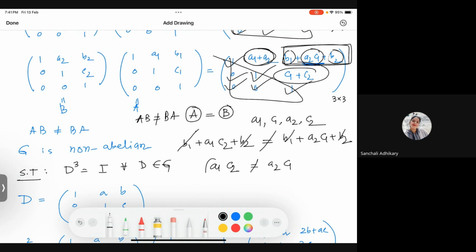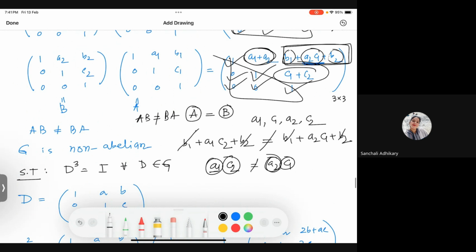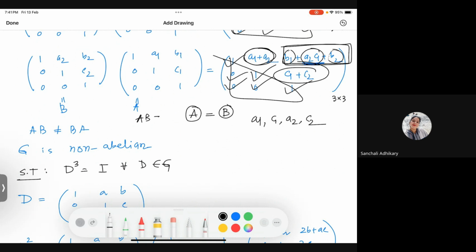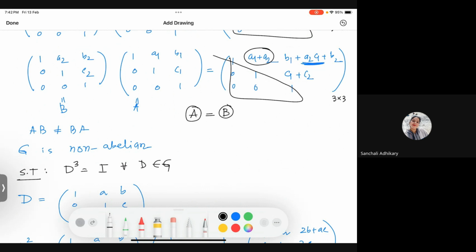Actually I need A1, A2, C1 and C2 such that A1 C2 is not equal to A2 C1, right? You can choose. So choose A2 equals 0, and A1 equals 1, C2 also equals 1. Done. Very easy, right? So this group is not abelian.